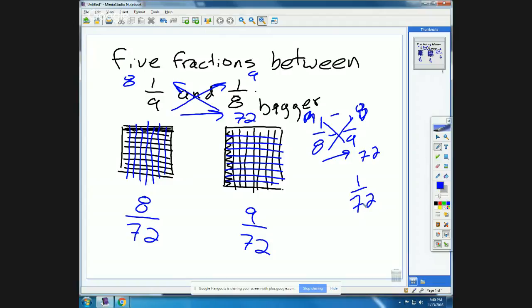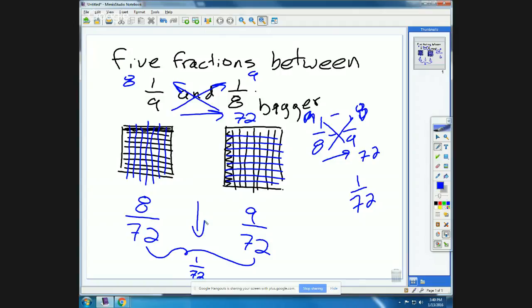What does the subtraction tell me physically about these two numbers? They're 1/72 apart. That's the distance they are apart. So if I know how far apart they are, the distance to get from here to here, can I use that to identify the midpoint?